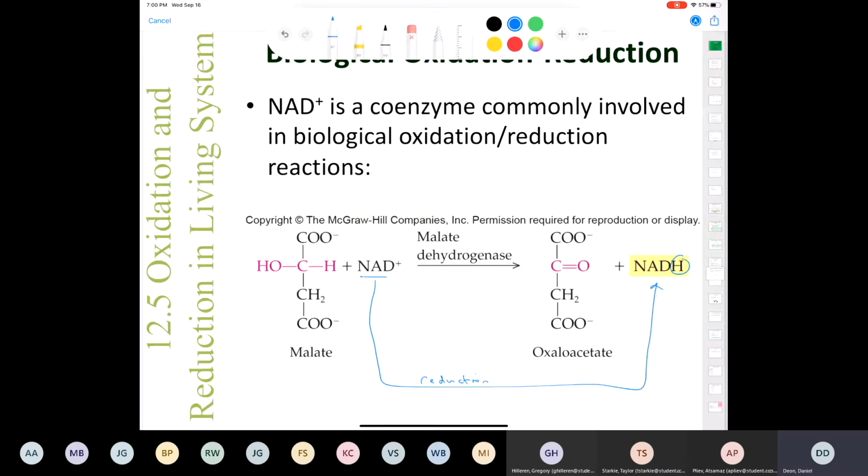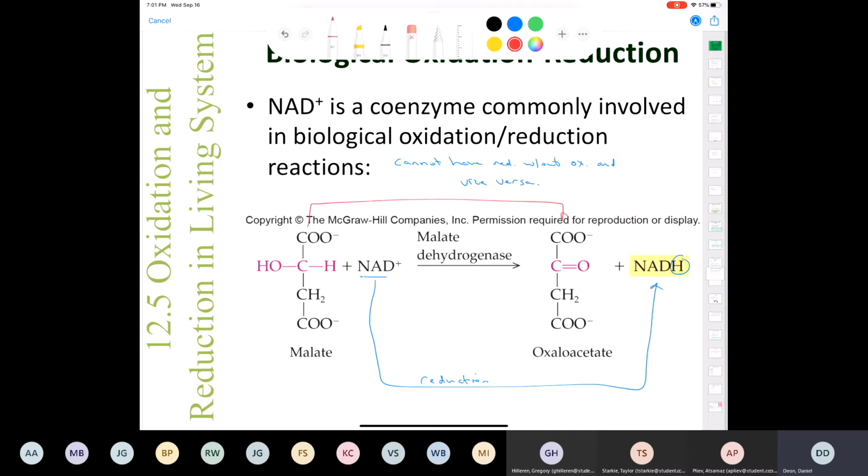And you can't have oxidation or reduction without the other. You cannot have reduction without oxidation and vice versa. You can't have oxidation without reduction. So if NAD plus is being reduced, that tells you that malate must be being oxidized.